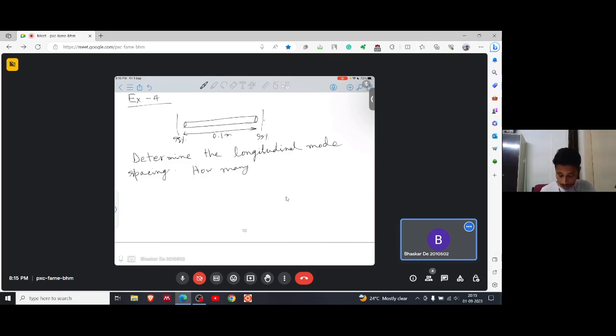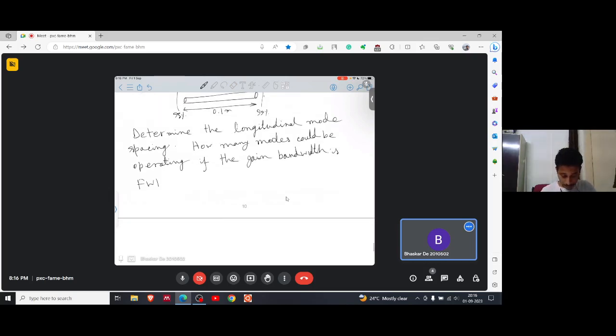How many modes could be operating if the gain bandwidth, FWHM of 0.45 nanometer and peak at 1.06 micrometer.